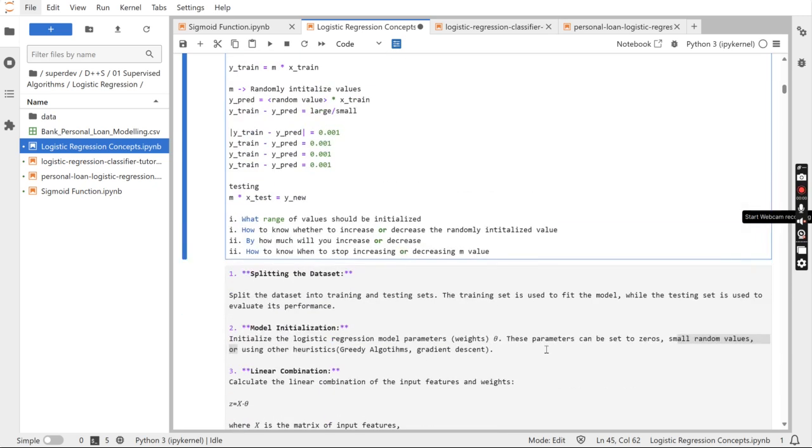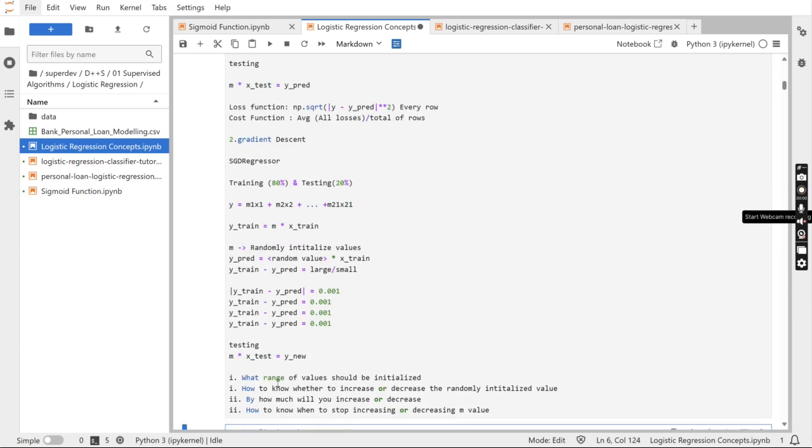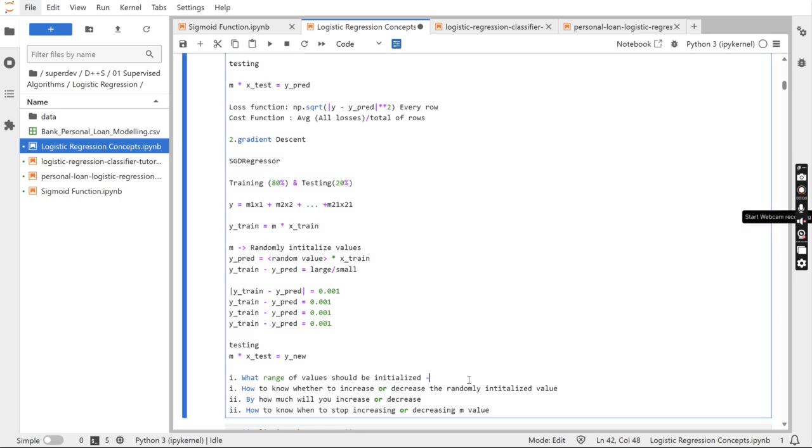Now this is where this point comes. Small random values have to be initialized. What range of values? This is answered by heuristics. Heuristics are nothing but algorithms; the best known example is the greedy algorithm.